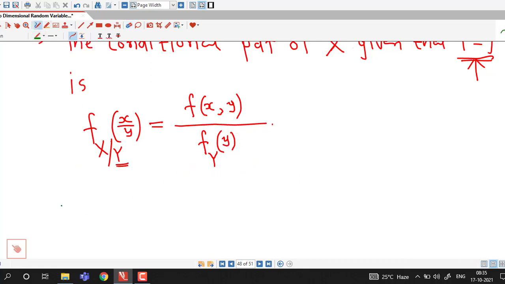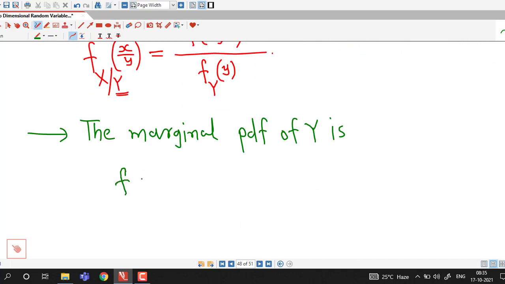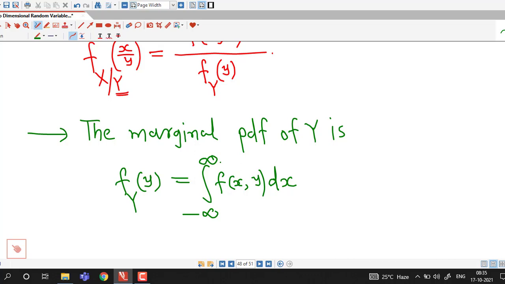For that we first write down the definition of marginal probability density function of capital Y, which is given by f of y equal to integral of joint density function with respect to x over all possible values of x.